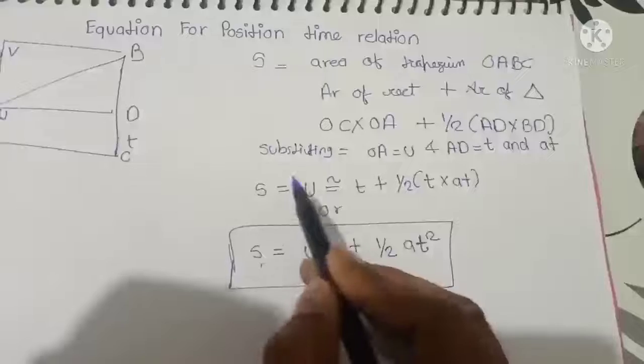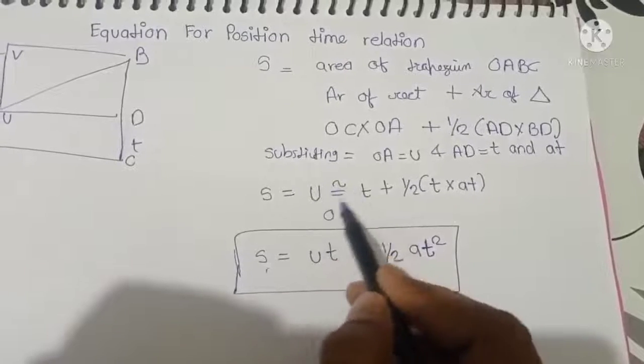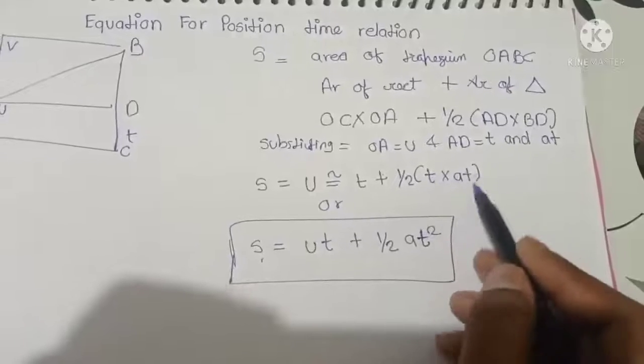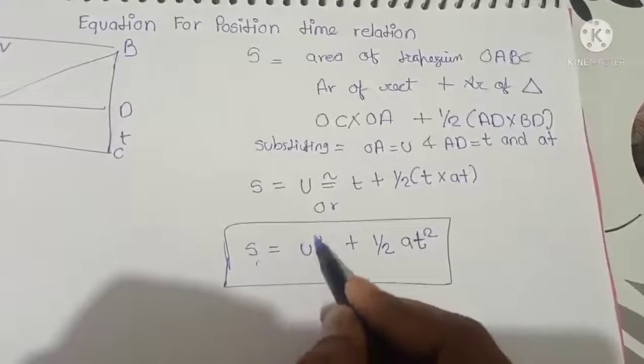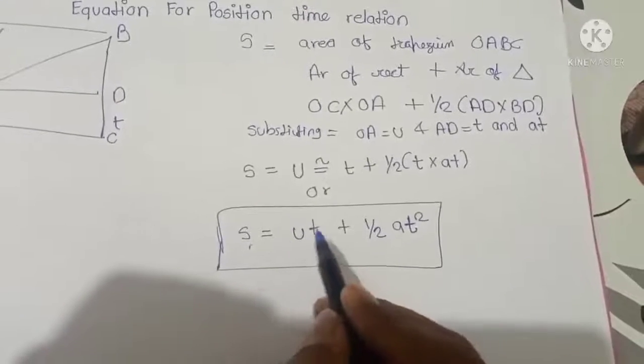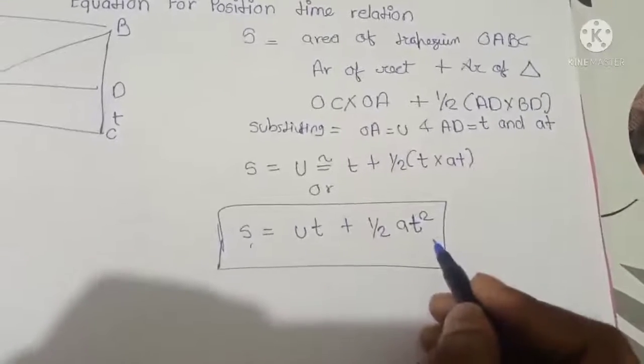So S equals U into T plus half into T into AT, or S equals UT plus half AT square, that is initial velocity into time plus half into AT square.